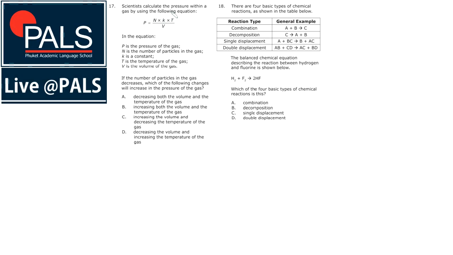Scientists calculate the pressure within a gas by using the following equation, where P is the gas pressure, N is the number of particles in the gas, K is a constant, the gas constant, T is the temperature of the gas, V is the volume of the gas. If the number of particles in the gas decreases, which of the following changes will increase the pressure?